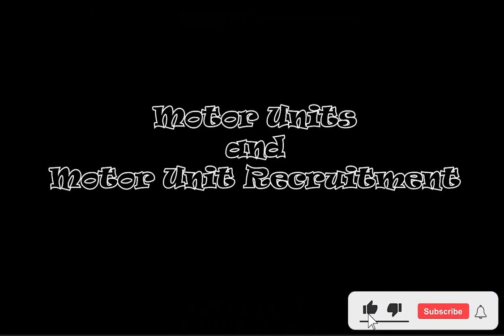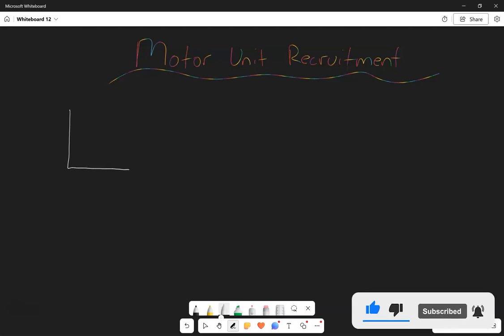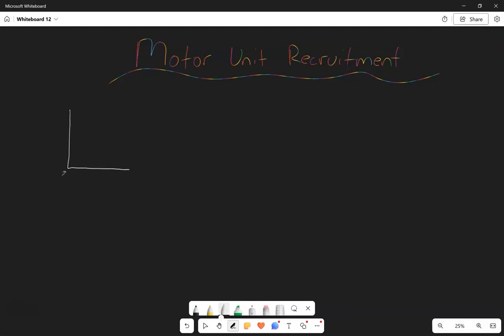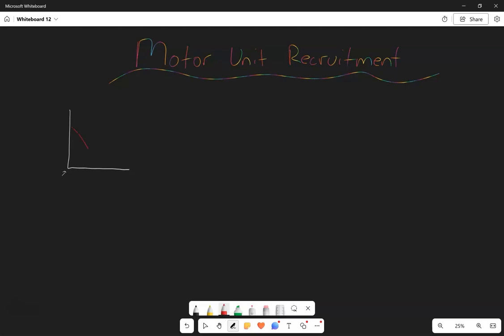All right, so let's imagine that this is your arm and this joint here is your elbow. And you have your biceps muscle that runs right here, okay?